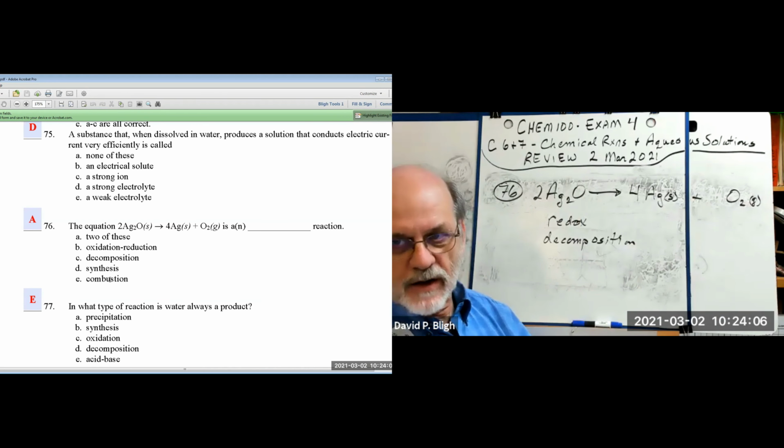Aqueous calcium chloride and we put together with that potassium sulfate. And that makes potassium chloride that's also aqueous and calcium sulfate, which is a solid, so it will precipitate.